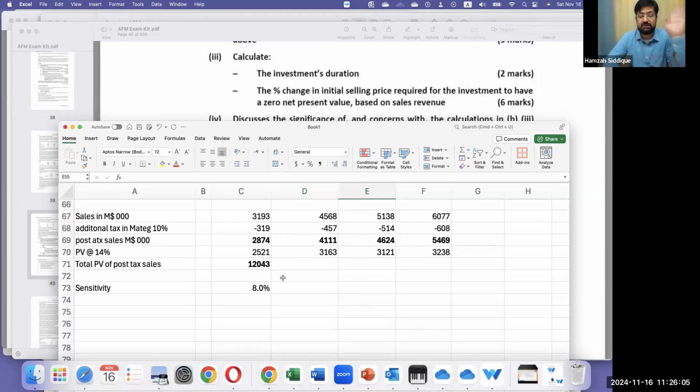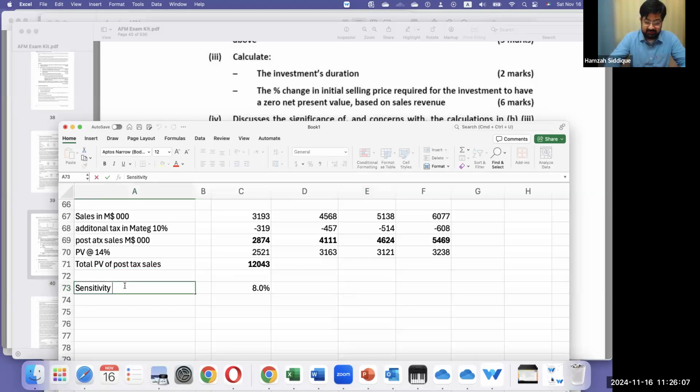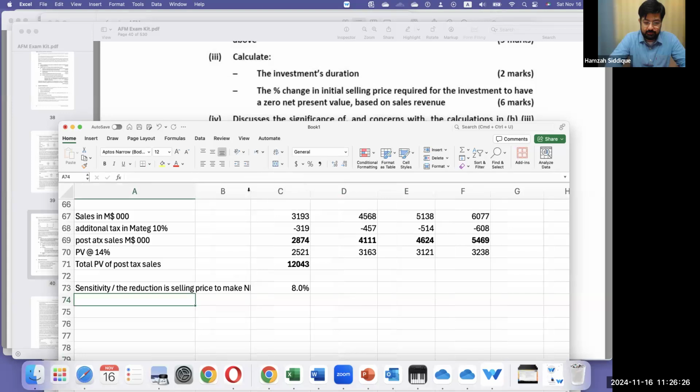Okay, right. So calculation is done. So this is basically the sensitivity, or the reduction in selling price to make NPV 0.